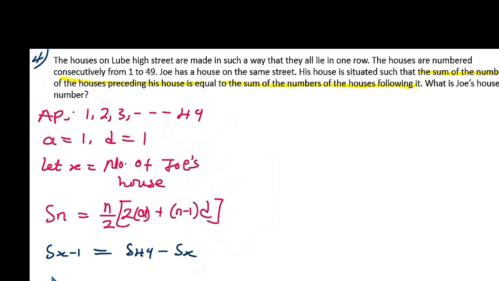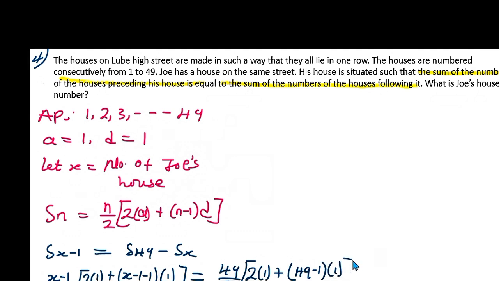So we are going to have (x minus 1) divided by 2 times [2 times the first term, which is 1, plus (x minus 1) times the common difference, which is 1], equals 49 divided by 2 times [2 times the first term 1 plus (49 minus 1) times the common difference 1] minus x over 2 times [2 times the first term 1 plus (x minus 1) times the common difference 1].